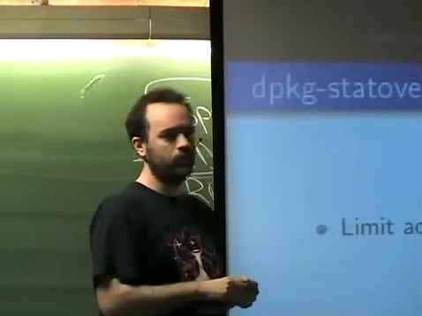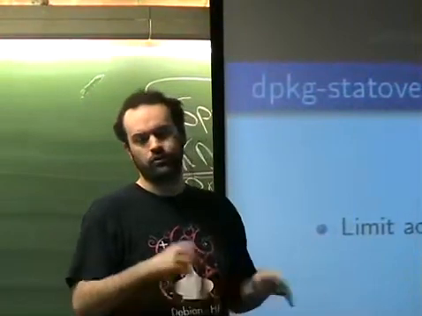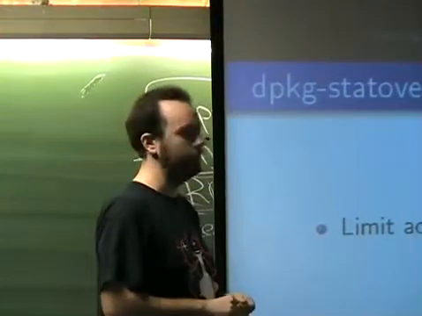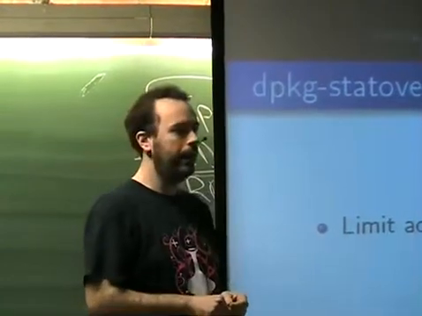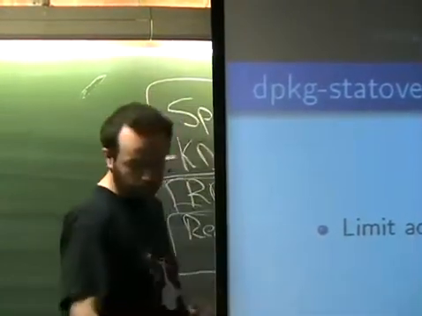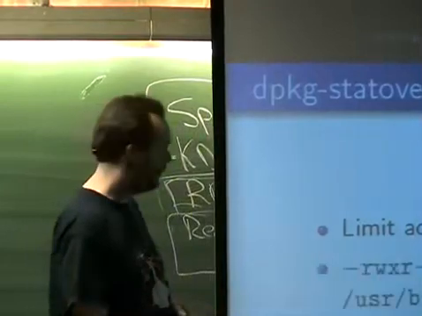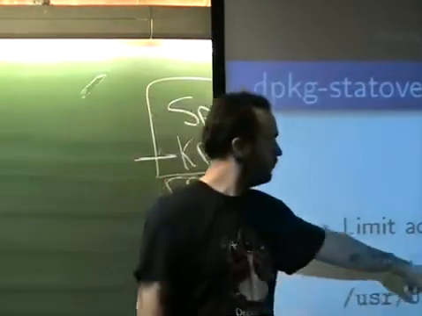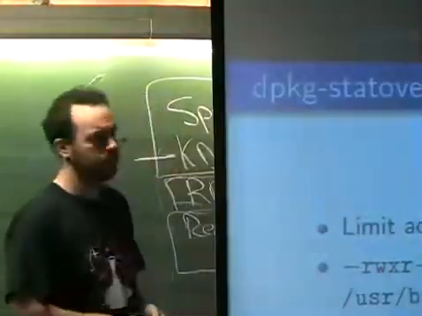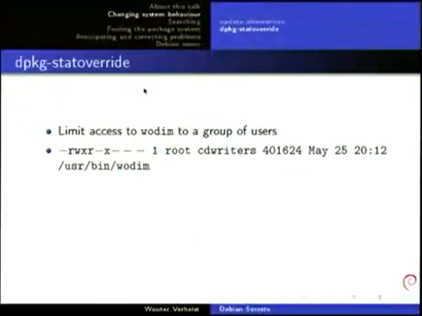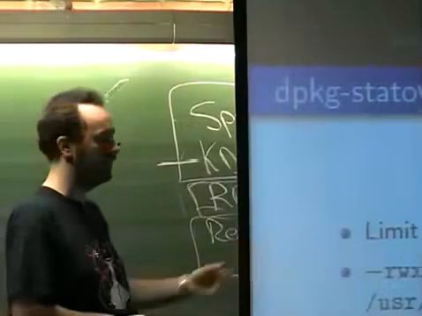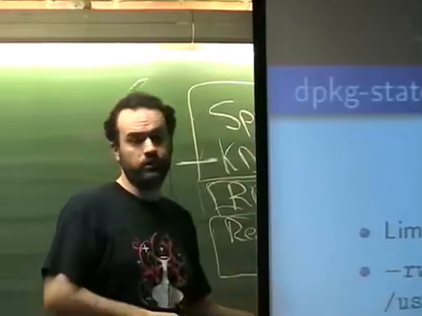And you don't want some random joker to start writing to your CD drive just because he's got an account. Well, what you could do, the easiest way, is to revoke execute permissions from the others group and then create some CD writers group and make sure that only the people who are actually allowed to write are in that group. That's a perfectly reasonable way to do this.